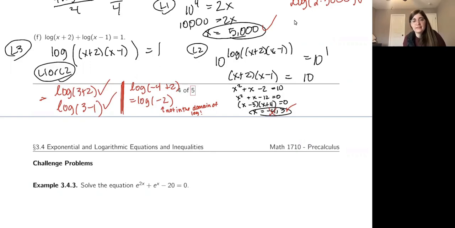The -4 is an extraneous solution. It showed up as a solution to this quadratic equation, but -4 is not a solution to the original logarithmic equation because -4 is not in the domain of my original expression. I cannot have -4 because -4 plus 2 is something negative.